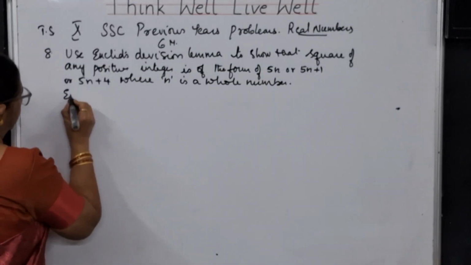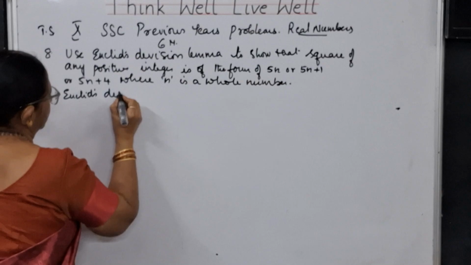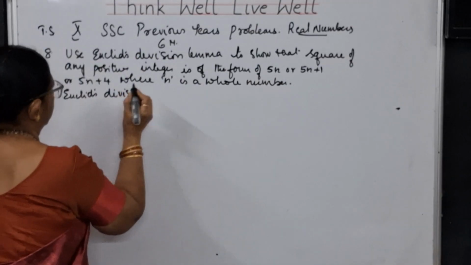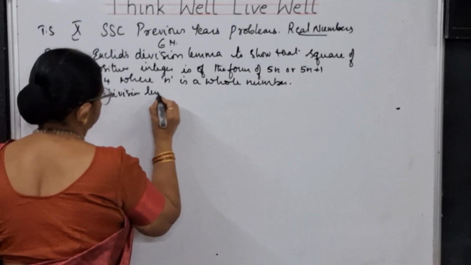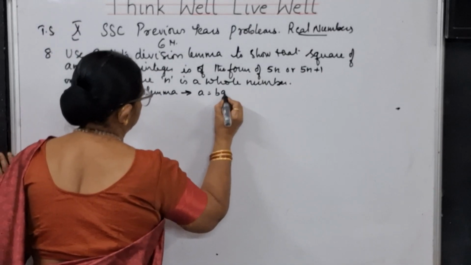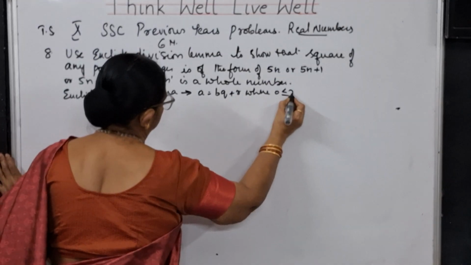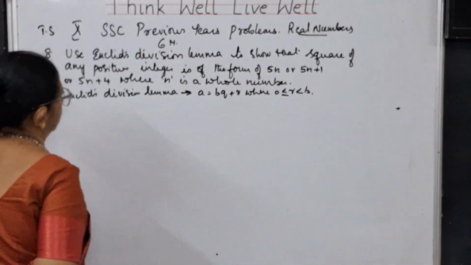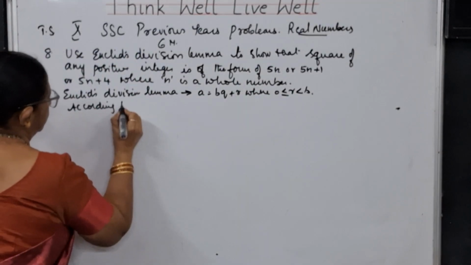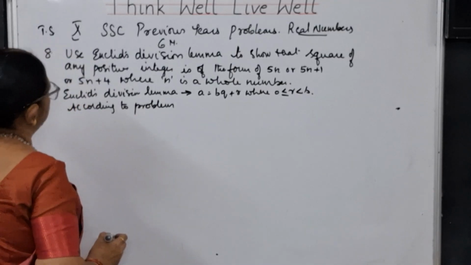Now let us see what is Euclid's division lemma. A is equal to BQ plus R, where 0 is less than or equal to R, which is less than B. According to the problem, what is B?